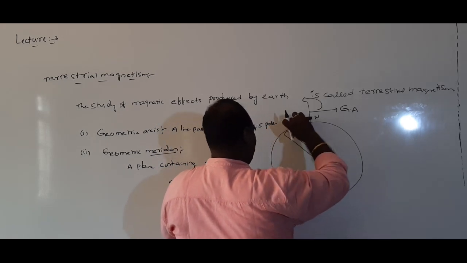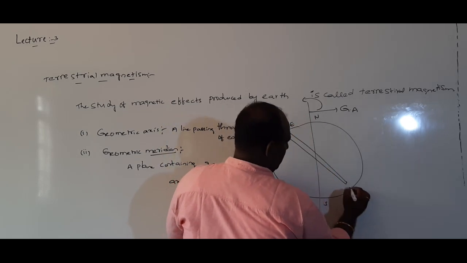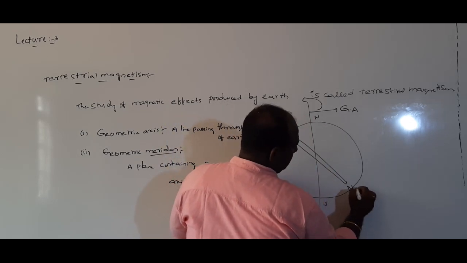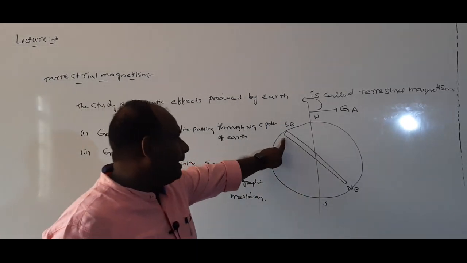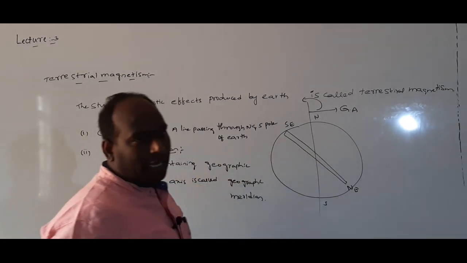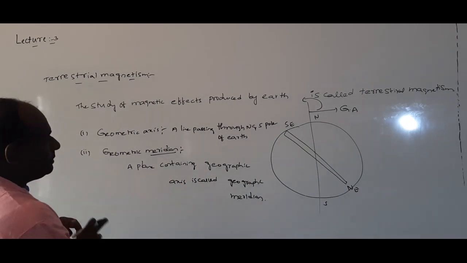Please try to understand. Here in the NCERT textbook they give NM and SM. I will explain in detail.